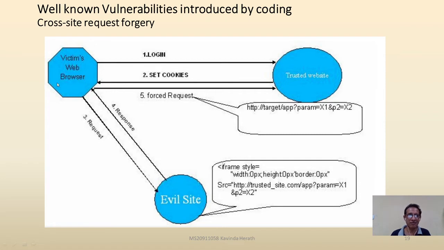So how it works is that there is a trusted website, and the victim browses this trusted website. He requests and logs in with genuine credentials, the username and password. But what happens with the evil site? The victim's web browser also accesses the evil site.